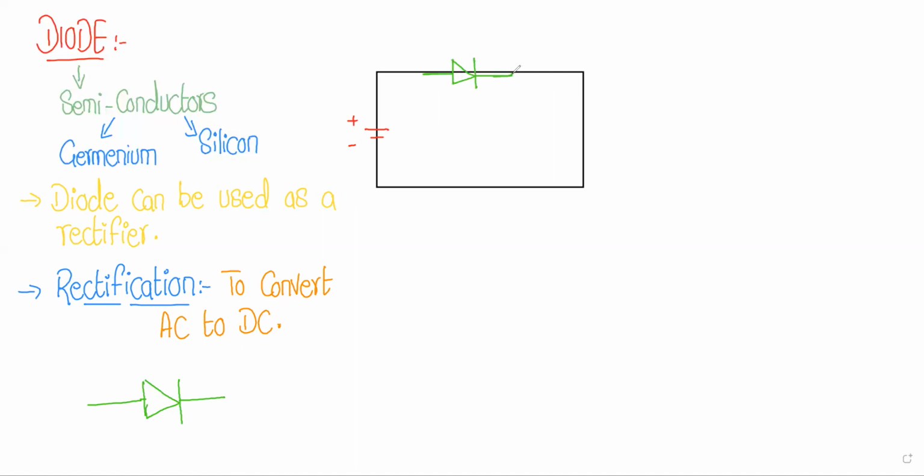Now we connect an AC supply, not DC, because we are going to convert that AC into DC. DC will be like the battery and AC will be like a wave symbol, which represents that an alternating current is passing into the circuit. And let's suppose a lamp is connected over here.